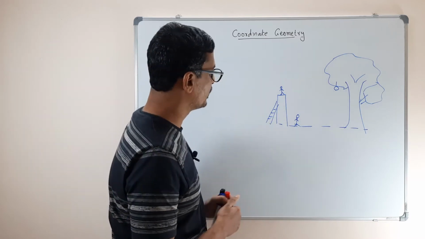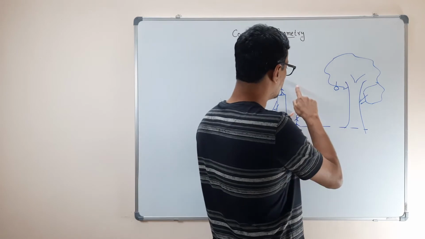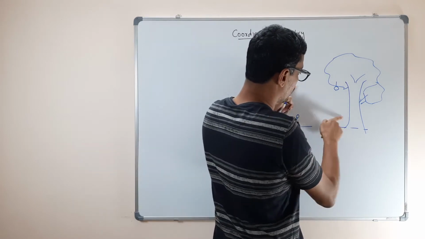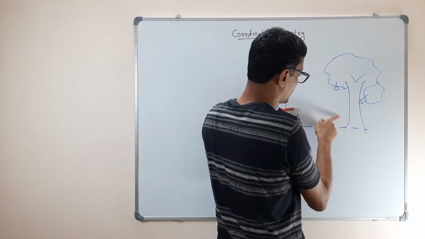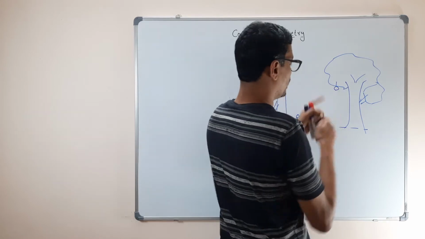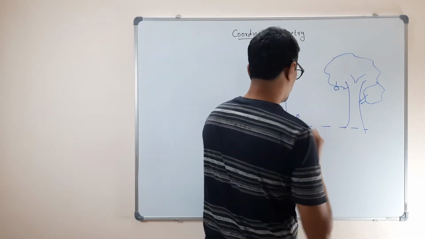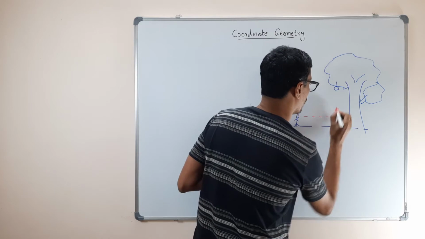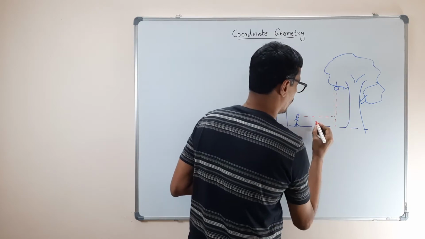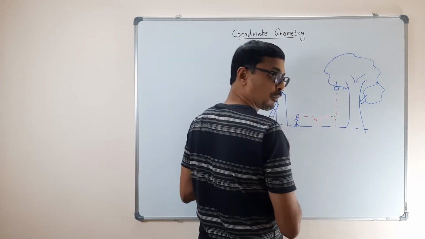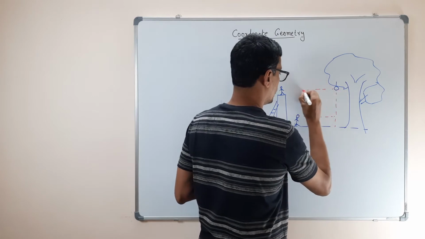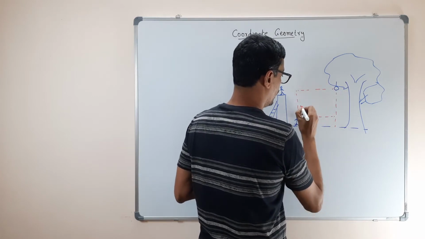Okay, what coordinate will you say? This is at this much of height and this much of distance far away from it. This is your x distance, this is your y distance. So according to you, you will say this distance, let us call it a. And this height, we'll call it b.